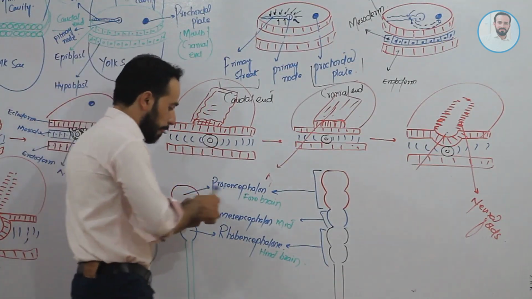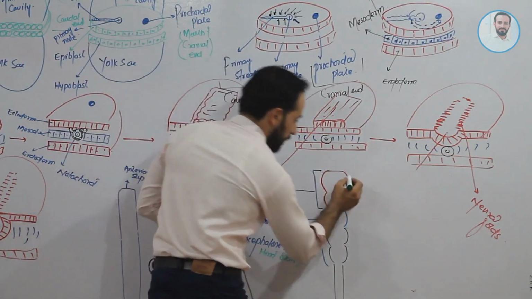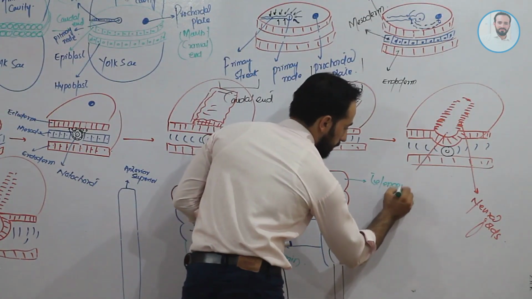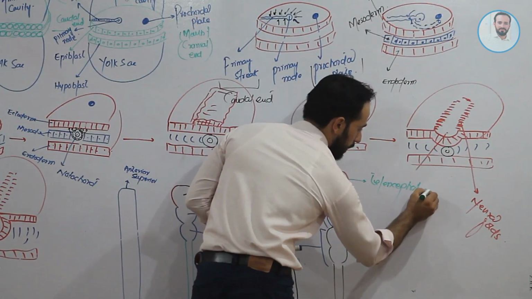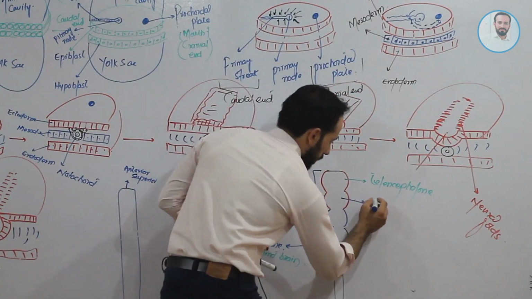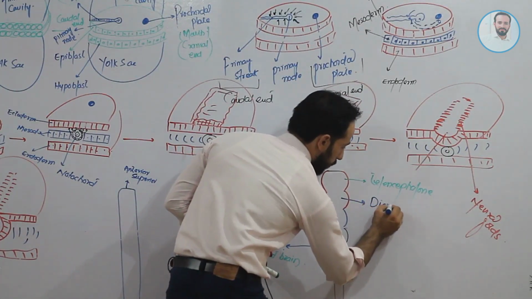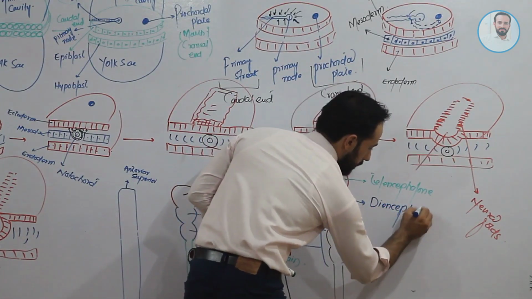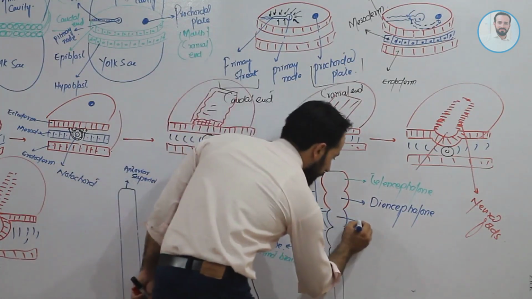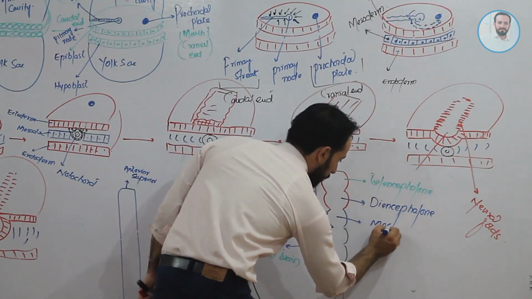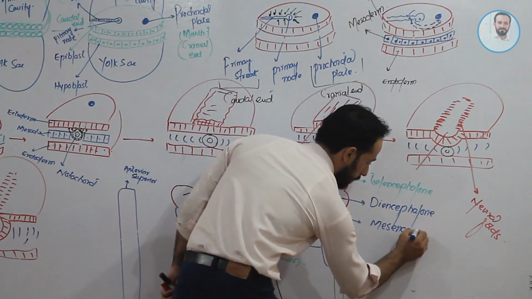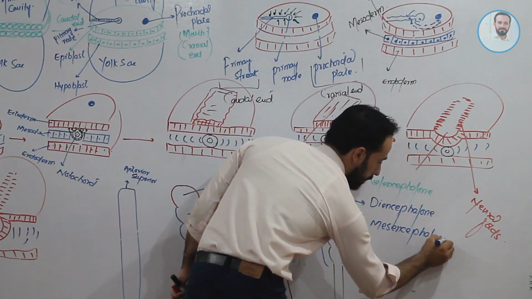Now let's divide them. This part is called the telencephalon. Then there is the diencephalon. Then there is the mesencephalon.